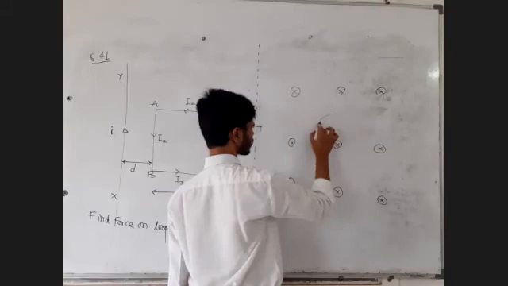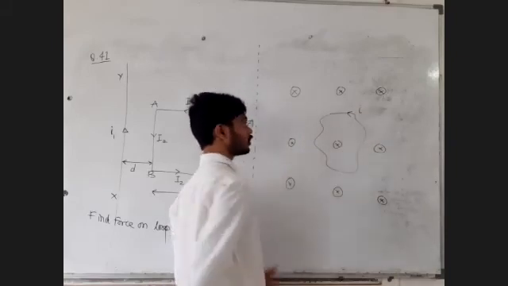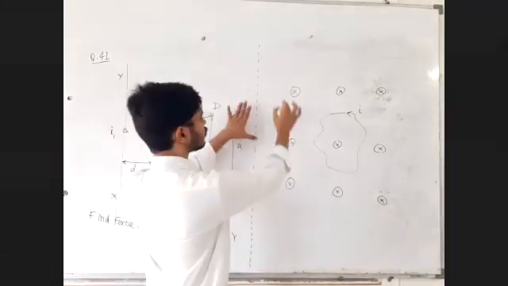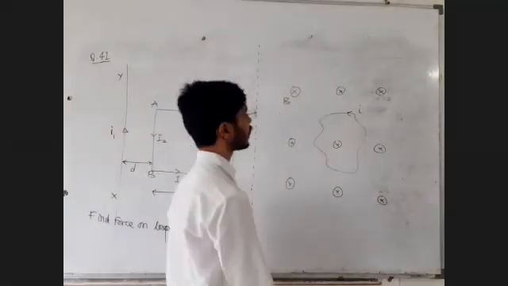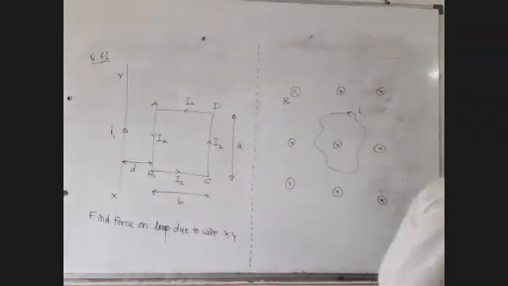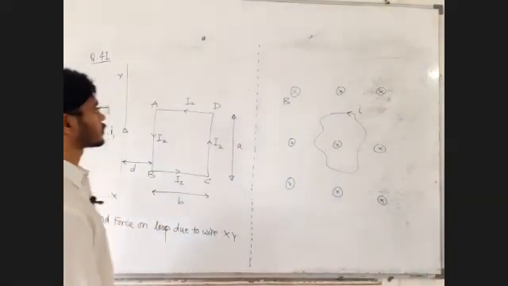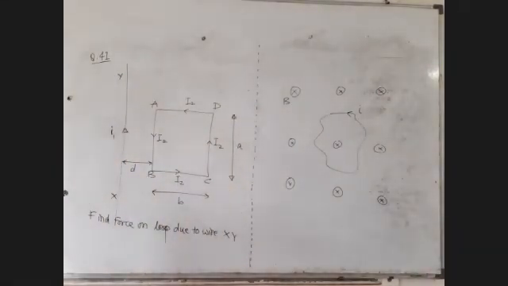No, don't do that. If this is a current carrying loop placed in a uniform magnetic field, everywhere the magnetic field is B, then the net force will be 0 on the loop. In this case it will not be.